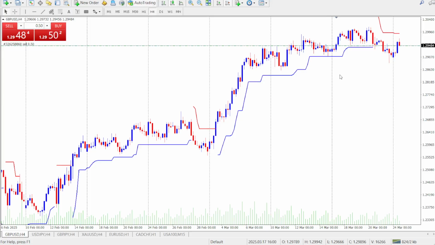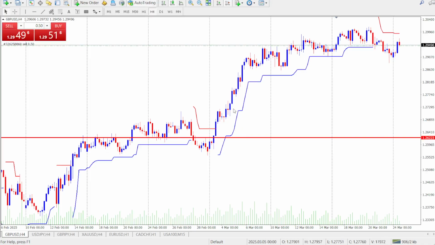So let's say you are in a buy trade. Maybe you enter the buy trade somewhere around here, maybe after this buy move has been identified and you had a bullish candlestick pattern. Then the market starts trending upward. Instead of setting a fixed stop loss and not getting back to it, you can take advantage of the dynamic potential stop loss levels being created by the ATR trailing stop indicator.